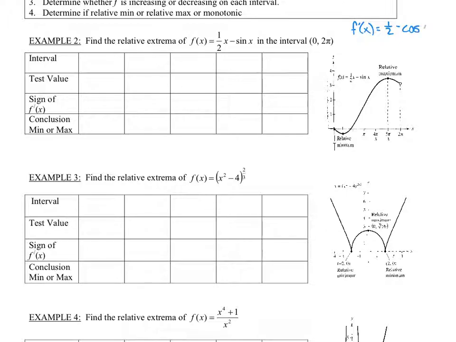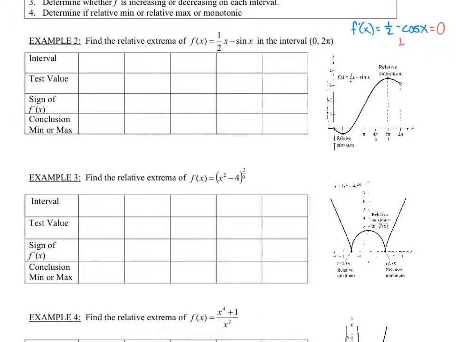Good, 1/2 minus cosine x. Good, Terry. So 1/2 minus cosine of x. And then what do we do with that? Very good. We're going to set that equal to 0 and solve it.